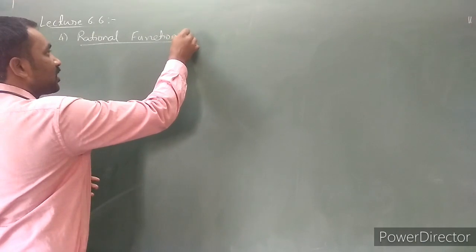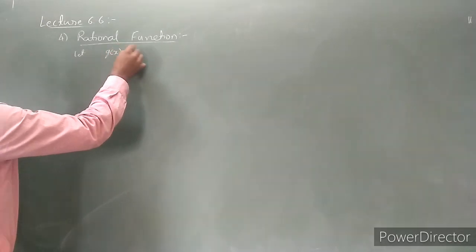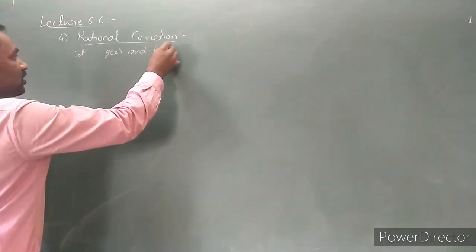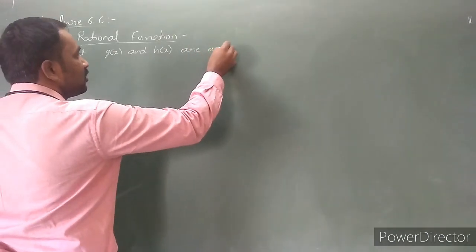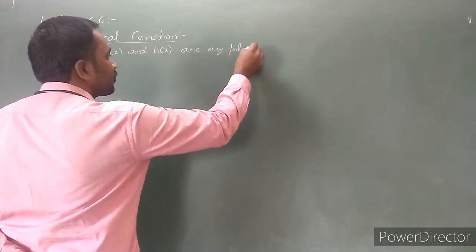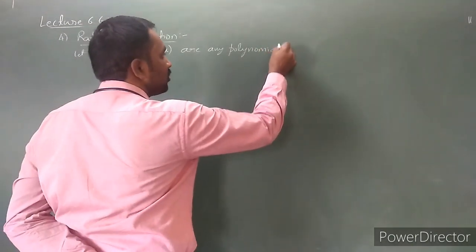What is meant by a rational function? To discuss the rational function, first of all we need two polynomial functions. Let g of x and h of x be any polynomial functions.